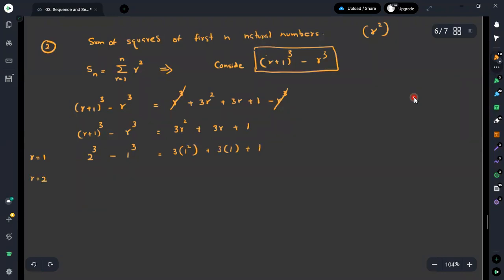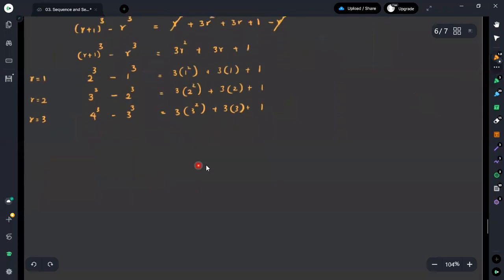Then we will substitute r equals 2, then we get 3 to the power 3 minus 2 to the power 3 equals 3 times 2 to the power 2 plus 3 times 2 plus 1. If we take r equals 3, we get 4 to the power 3 minus 3 to the power 3 equals 3 times 3 squared plus 3 times 3 plus 1.